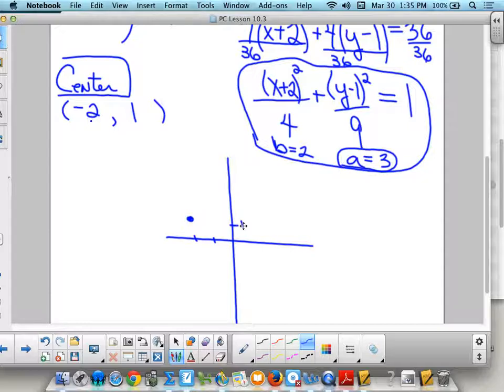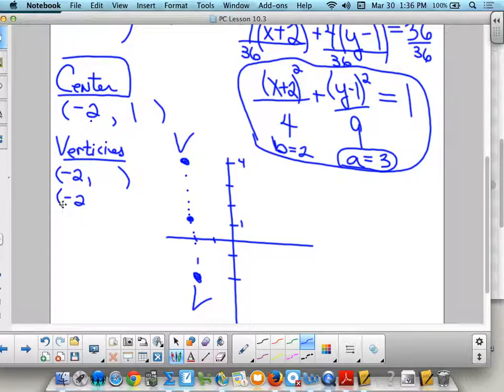You're at 1, so you'll be at 4, right about there. And then you go down 3. Isn't this the vertex? So what are the vertices in this one? Negative 2, 4 and negative 2, negative 2. You're right. There they are.